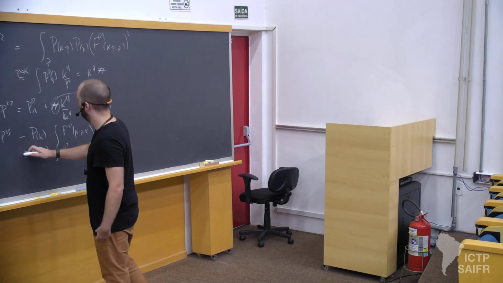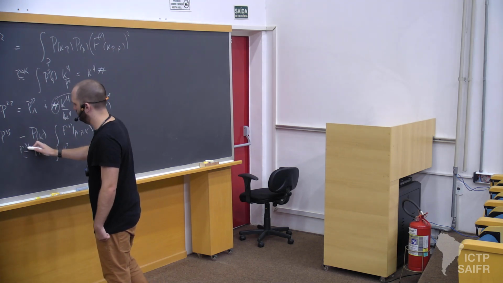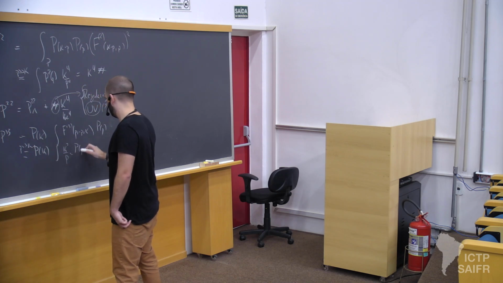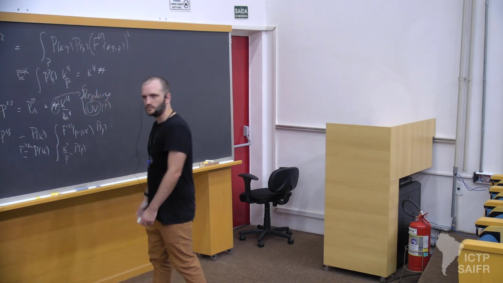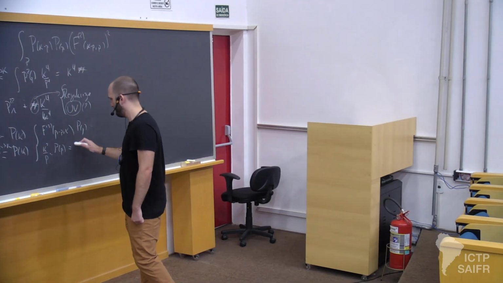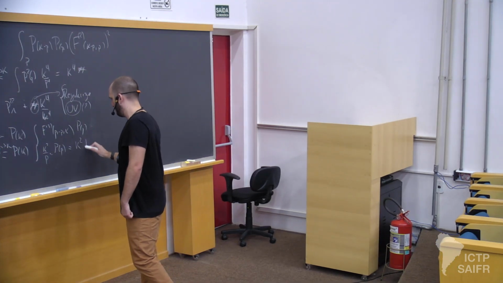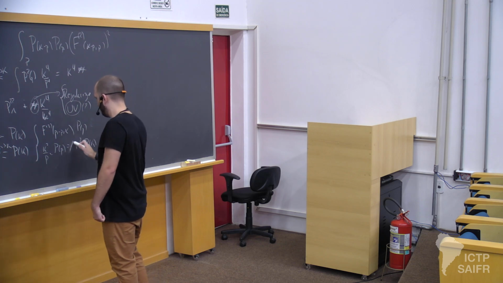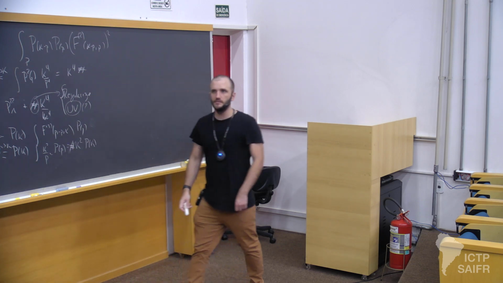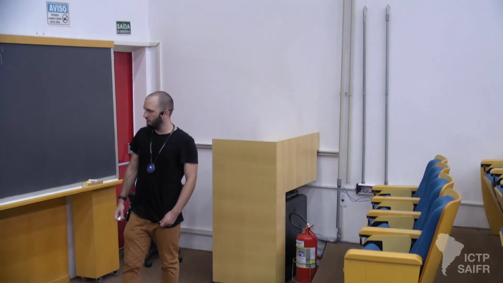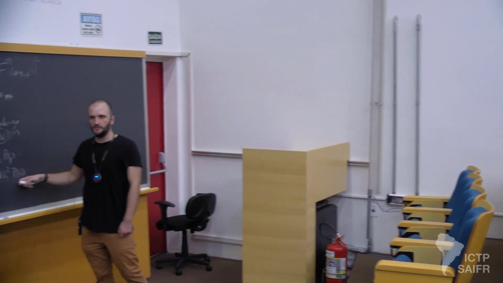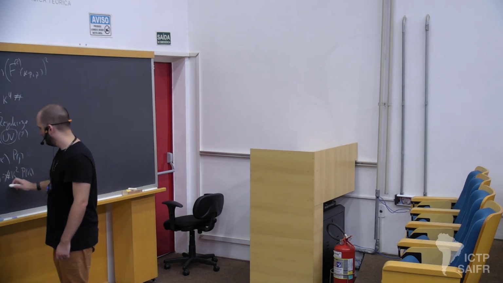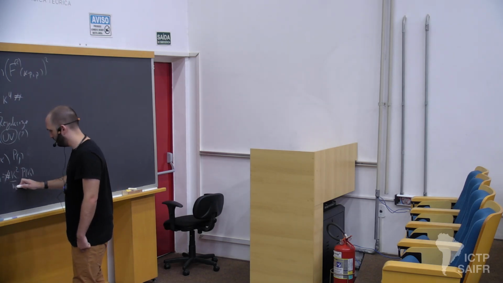So when p is larger than k, this is just a number times k square times P of k, because this P of k is outside here already. To have the correct dimensions, I'm going to divide by k_NL square.